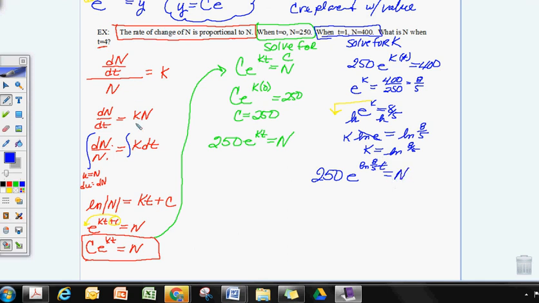So I started with my rate of change. I solved for C. Now I solve for k. So all of these are independent.